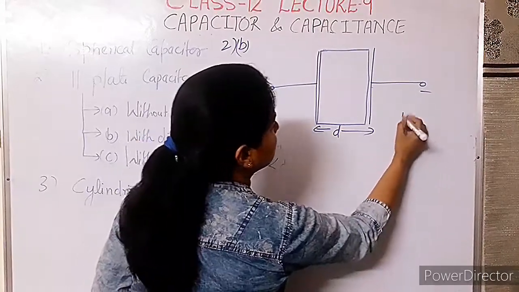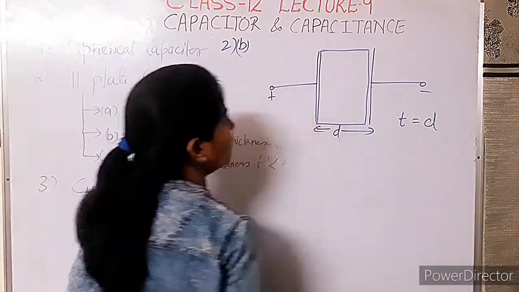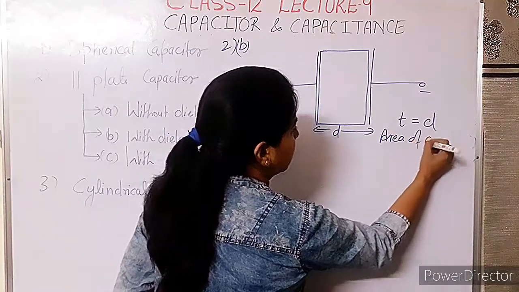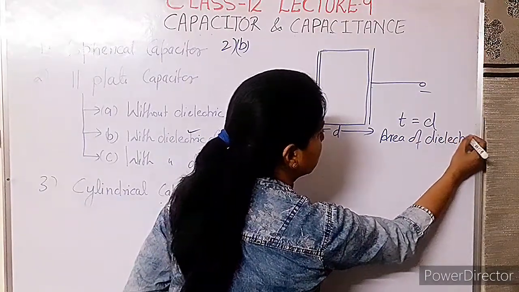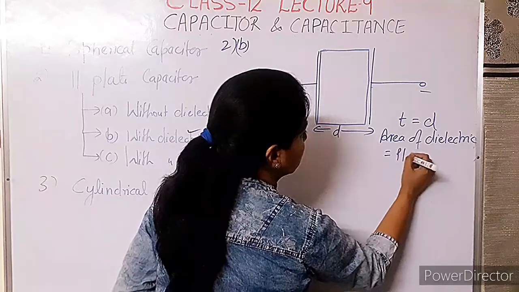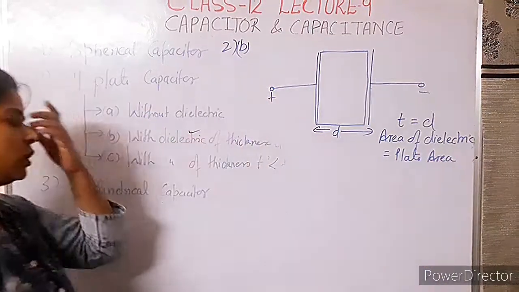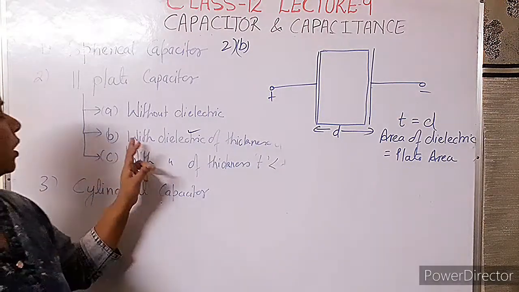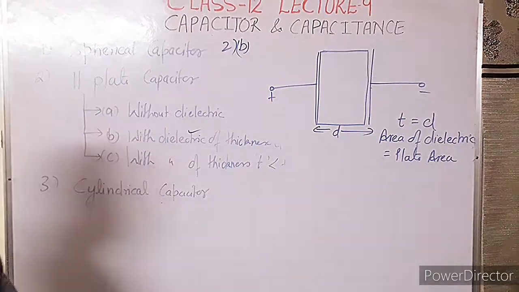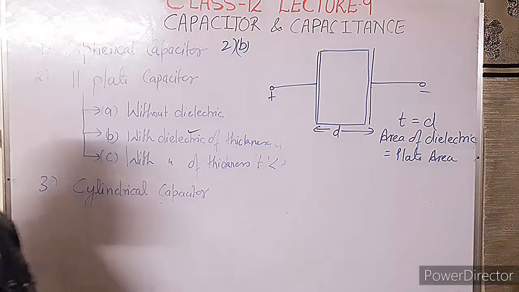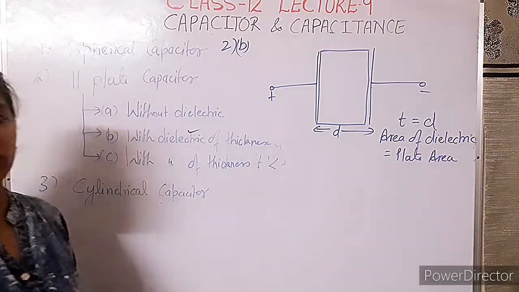This is the only condition: the thickness of the dielectric is equal to D and the area of the dielectric is equal to the plate area. Then only can we think about this case, with dielectric of thickness D. That means the capacitor is completely filled with dielectric, with no space for air or vacuum.